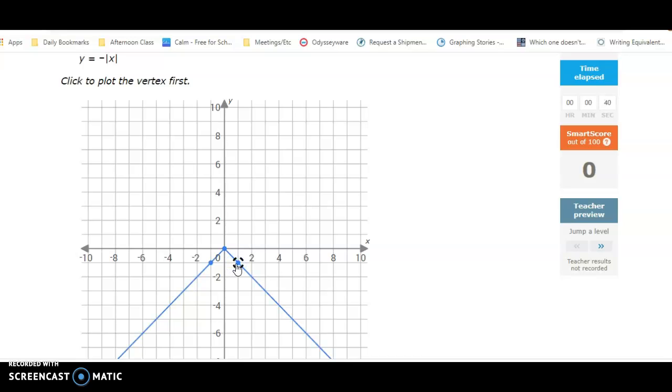So the number in front of the absolute value bars is kind of like the slope. Numbers inside shift it left and right, and numbers outside shift it up and down. And that information would be in the notes that you would have taken if you watched the other videos.